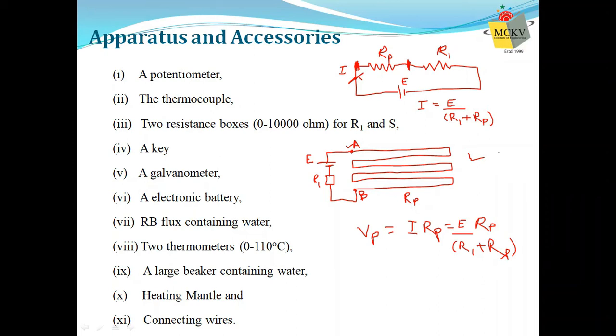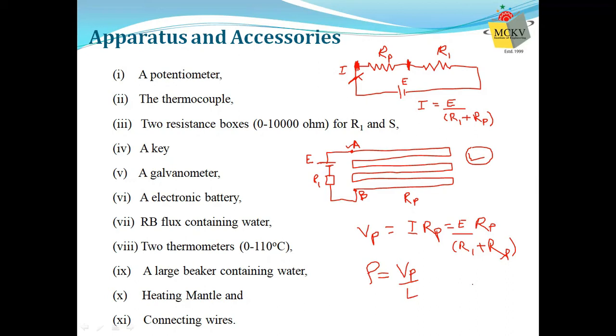So if the potentiometer's total length is L, what is the potential drop per unit length? That is across each centimeter, let us say, of the potentiometer wire. That is denoted by, let us say, rho. This is nothing but the net potential drop Vp divided by the total length L of the potentiometer wire.